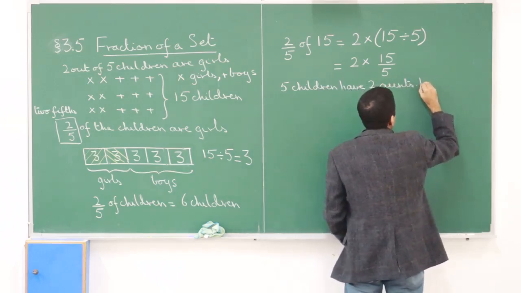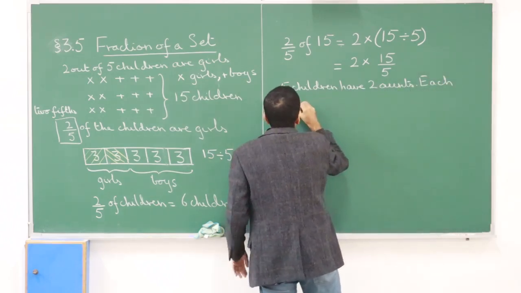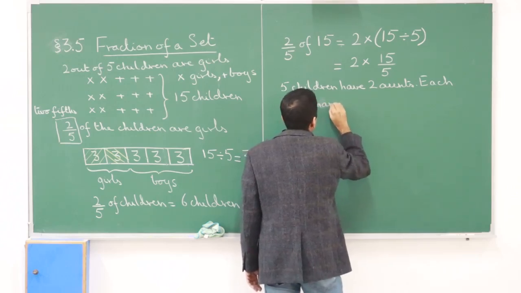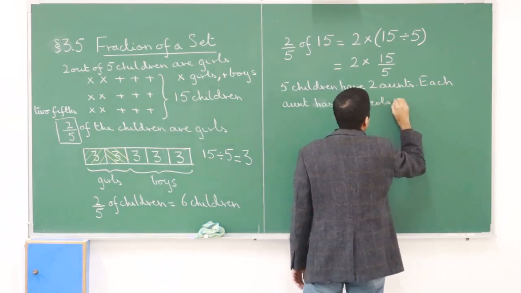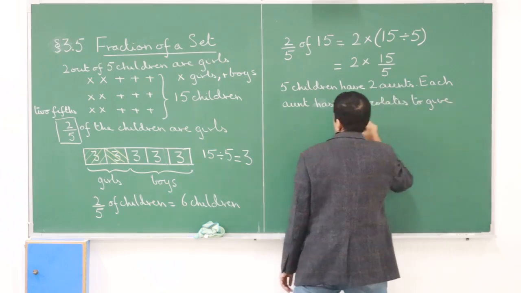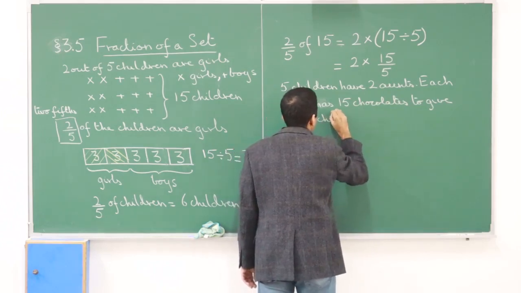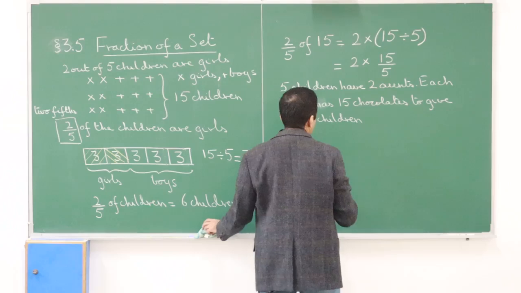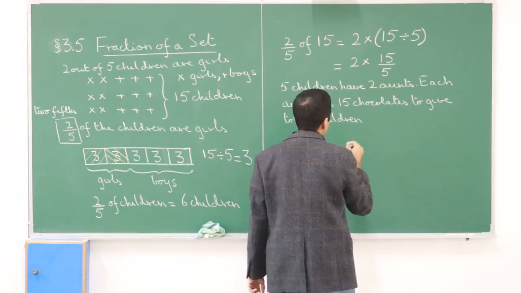Each aunt is carrying 15 chocolates to give to the children equally.